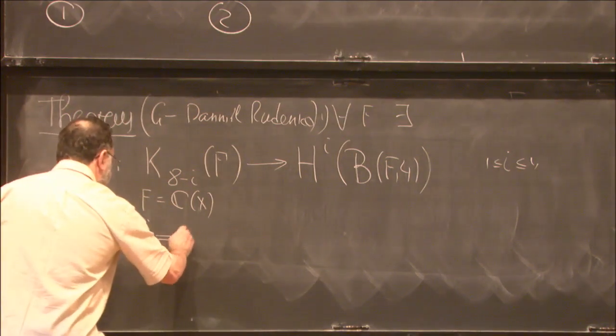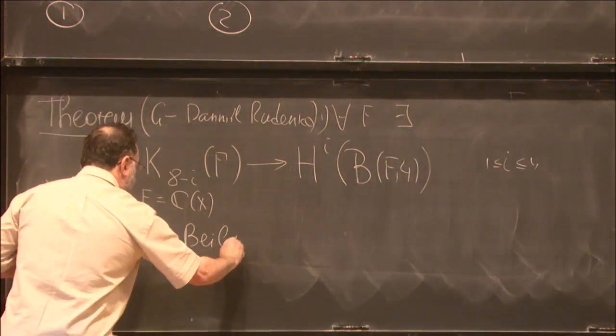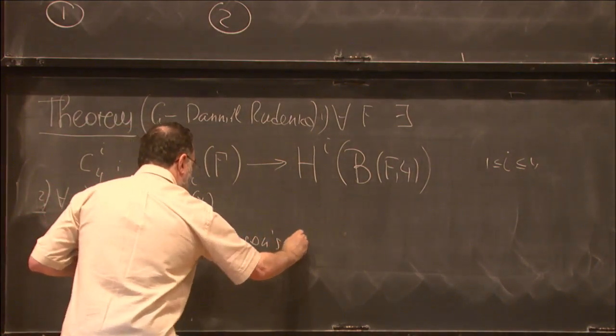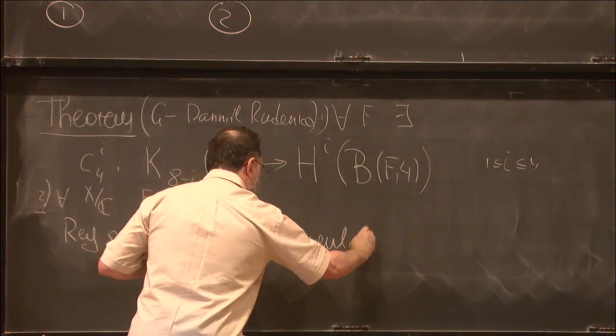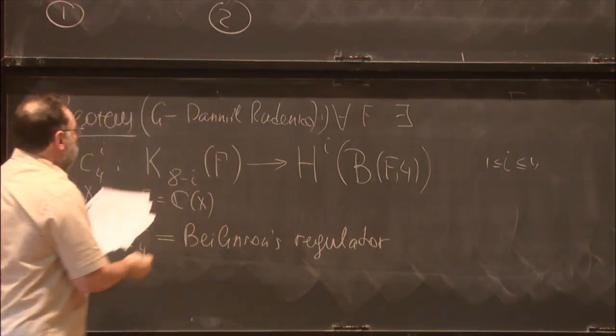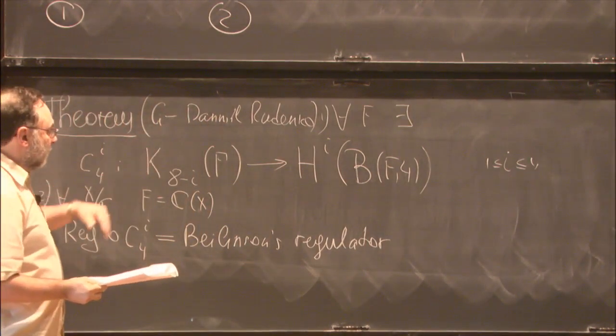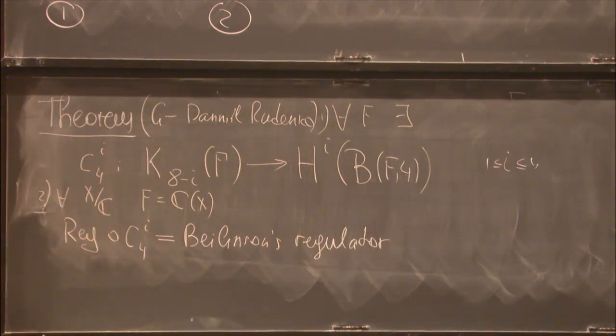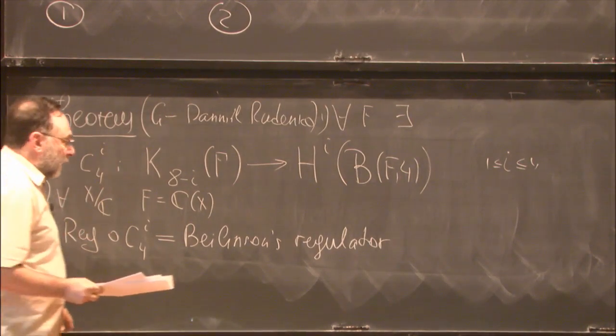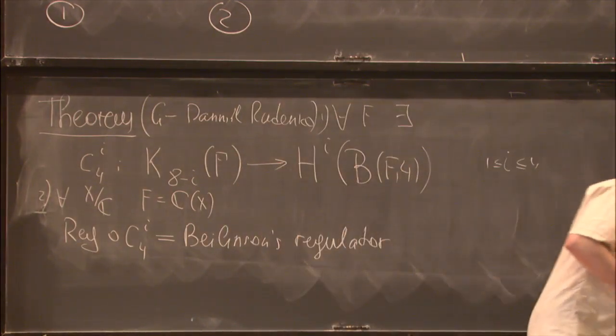This is precisely Beilinson's regulator. So I claim this for n equals 4, for weight 4, and this was known before for n equals 3, and certainly known for n equals 2 due to the works of Suslin in 1982.